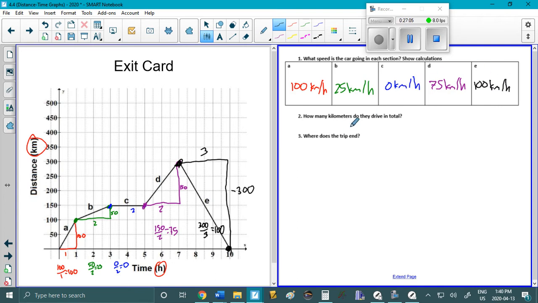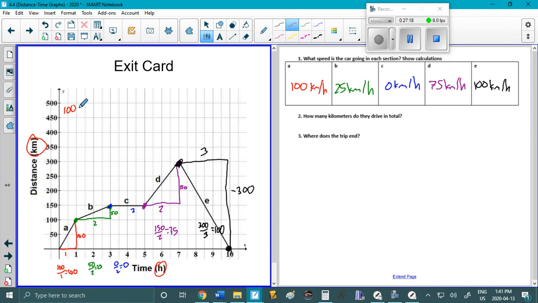Okay, how many kilometers do they drive in total? Hopefully you tried this. This is a really hard question. So what I'm going to do here is I'm going to write up here the distance traveled in each section. So section A was 100. Section B was 50. Section C was 0. Section D, 150 to 300, that was 150.